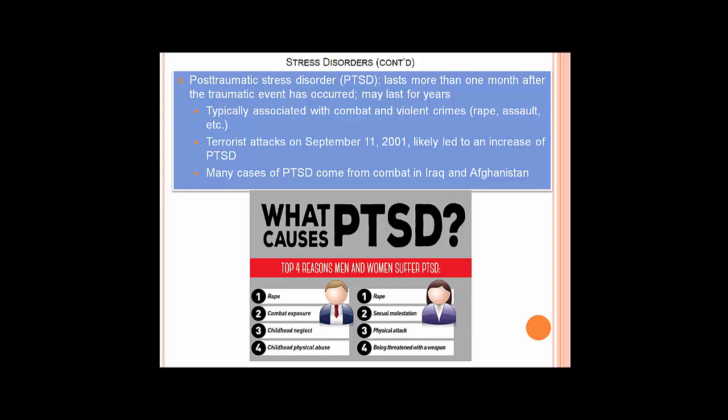There are top reasons for men and women who suffer PTSD. What are they? For men: rape, combat exposure, childhood neglect, childhood physical abuse. And for women: 1, rape. 2, sexual molestation. 3, physical attack. And 4, being threatened with a weapon.